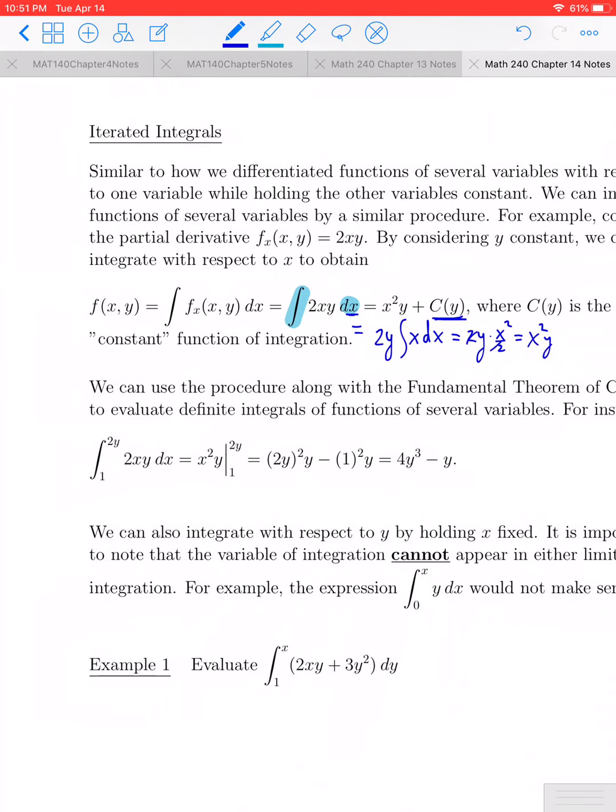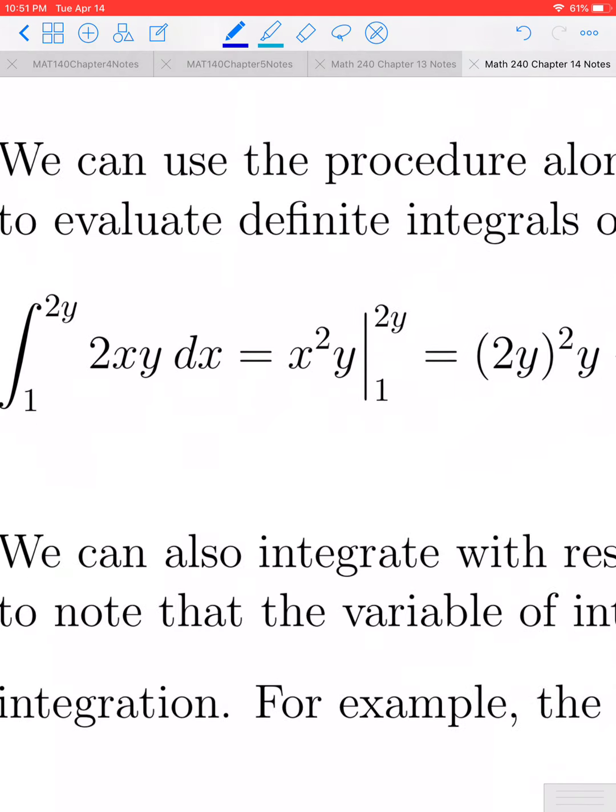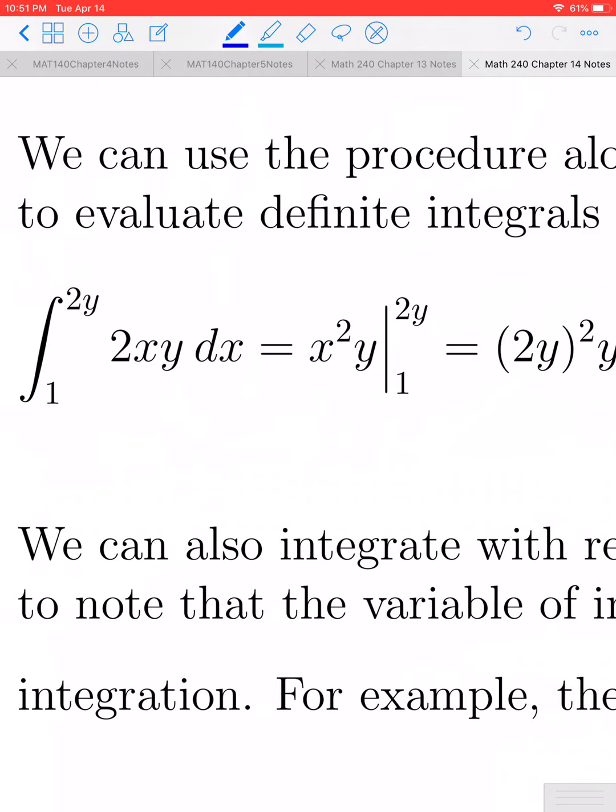We can also use a similar type of procedure in the fundamental theorem of calculus to evaluate definite integrals of this type. The antiderivative of 2xy with respect to the x variable we saw was x squared y, and you could then evaluate this antiderivative in the x variable with an upper limit of 2y and a lower limit of 1.